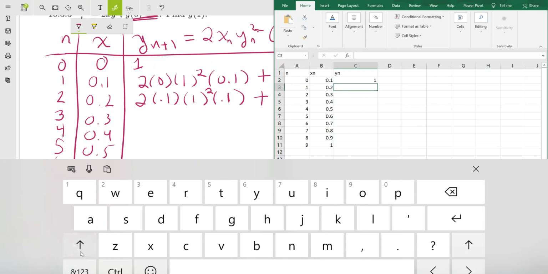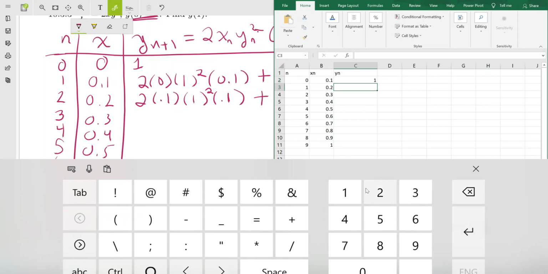Enter. I'm doing good at this today because I need my previous x and y to do this. So equal sign, 2 times my previous x, which will be the one above it, times my previous y, times my value of h, plus my previous value of y again, so right up here again. So this is looking pretty good. Let's go ahead and hit enter.